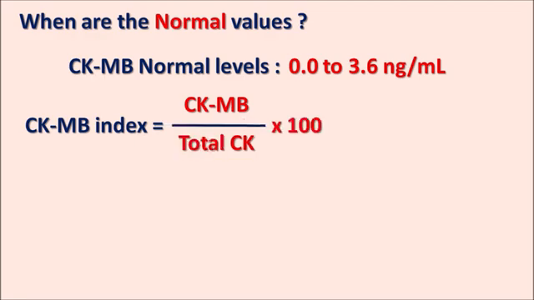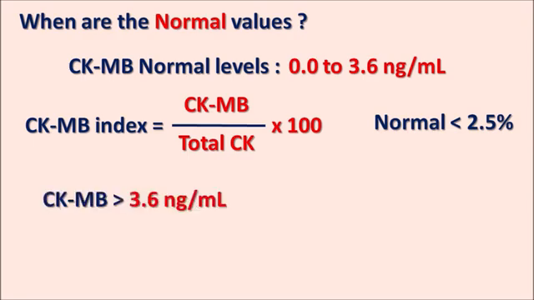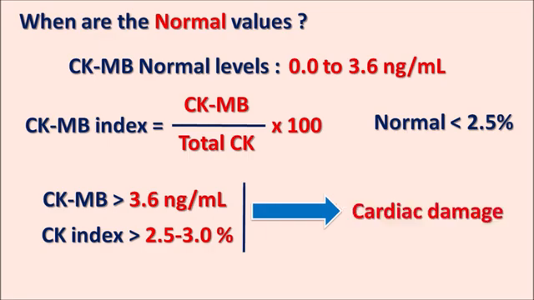And normally this CK-MB index lies below 2.5%. So whenever CK-MB levels are greater than 3.6 nanogram per ml, or the CK index is greater than 2.5 to 3.0%, then it indicates a possible cardiac damage in the patient.